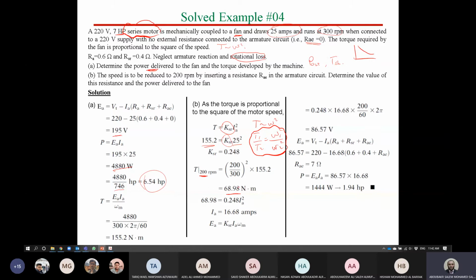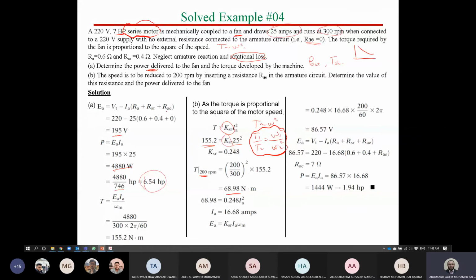And we need to get the motor added resistance and the power delivered. In order to get the resistance, we need to have all of the variables in the electrical equation. You have in the electrical equation E equals V minus IA multiplied by all of the series resistances.